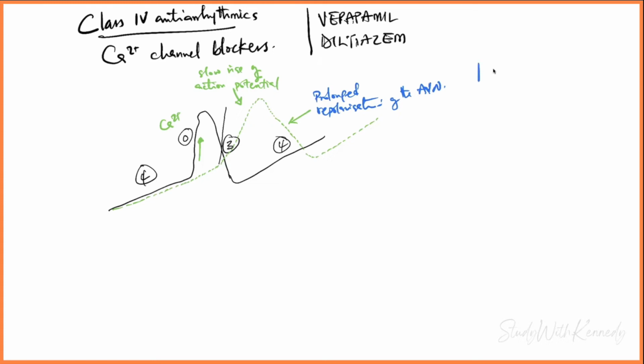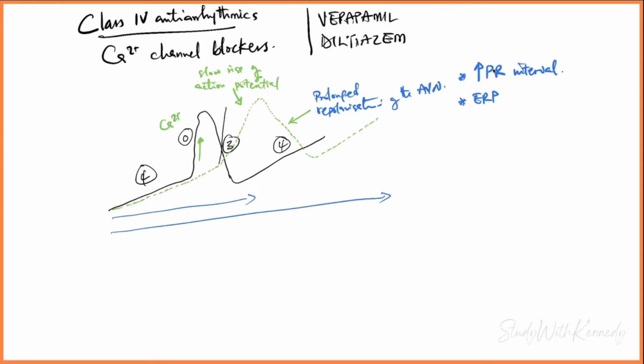You expect the PR interval to also be prolonged. What should happen to the effective refractory period? Well, we went from having this perhaps to having something this long. So we expect that our effective refractory period is also going to be increased.